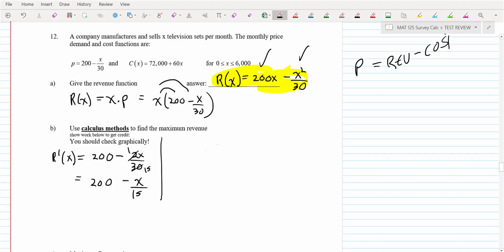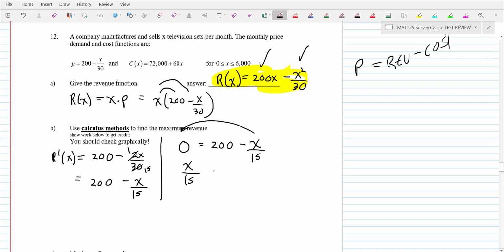Then again, you set it equal to 0, so you just say 0 equals 200 minus x over 15. I think on test 3, I saw a lot of people getting a correct derivative on this, but then algebra started falling apart. How do you solve an equation like this? Well, you want to get all the x's on one side, numbers on the other side. So you could move the x over 15.